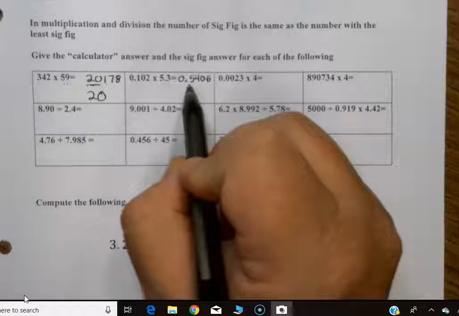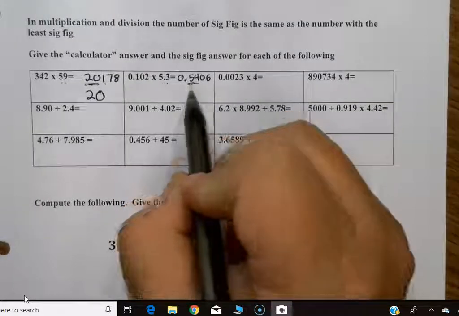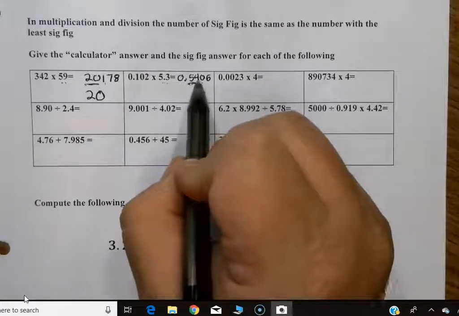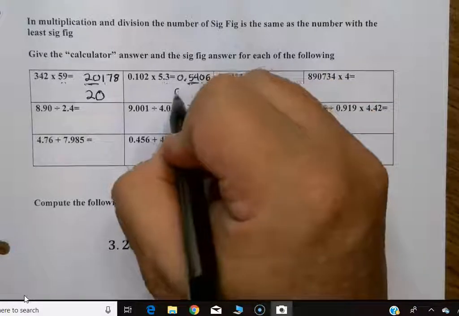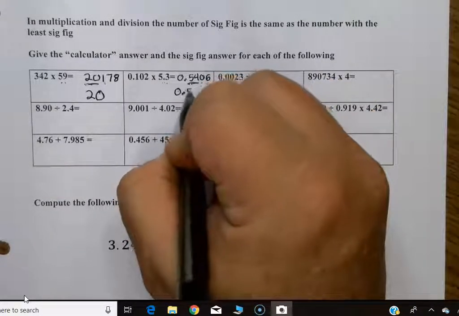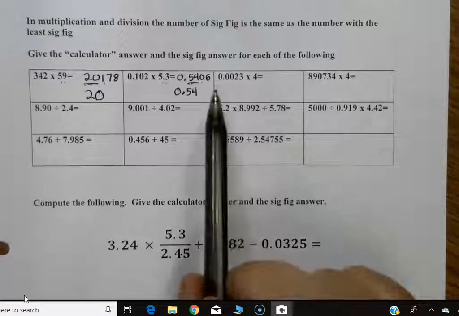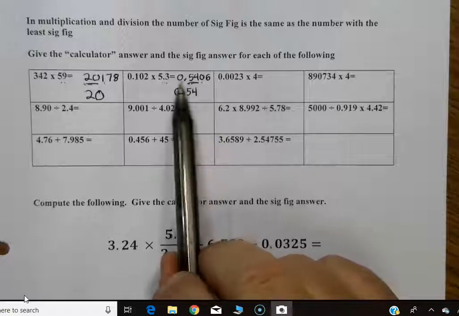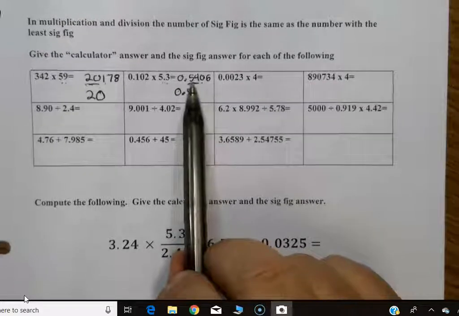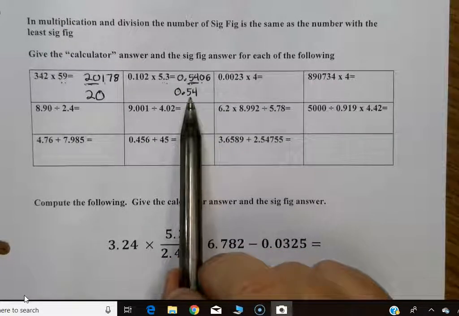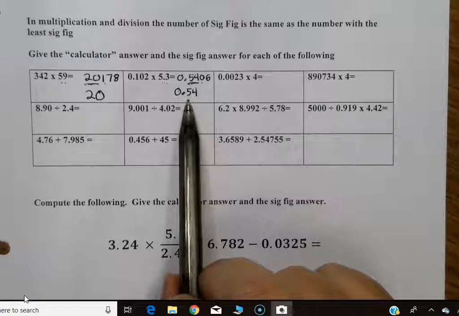So that means we can only go to there. And since that next digit's a 0, that 4 is going to stay as a 4. So there is our SigFig answer. So again, on a test, if you gave me this answer as a final answer and it was correct, you'd get full credit. You get a bonus point if you then give me the significant figure answer.